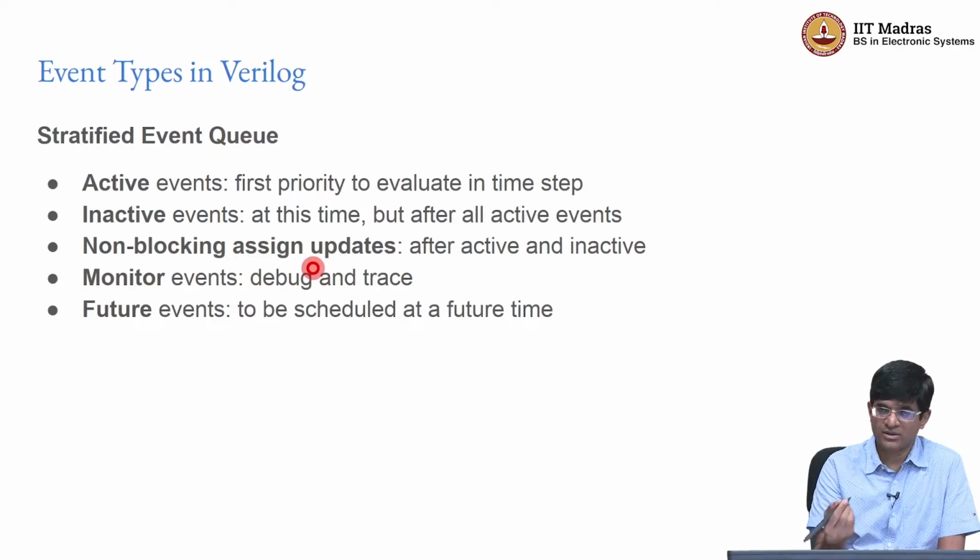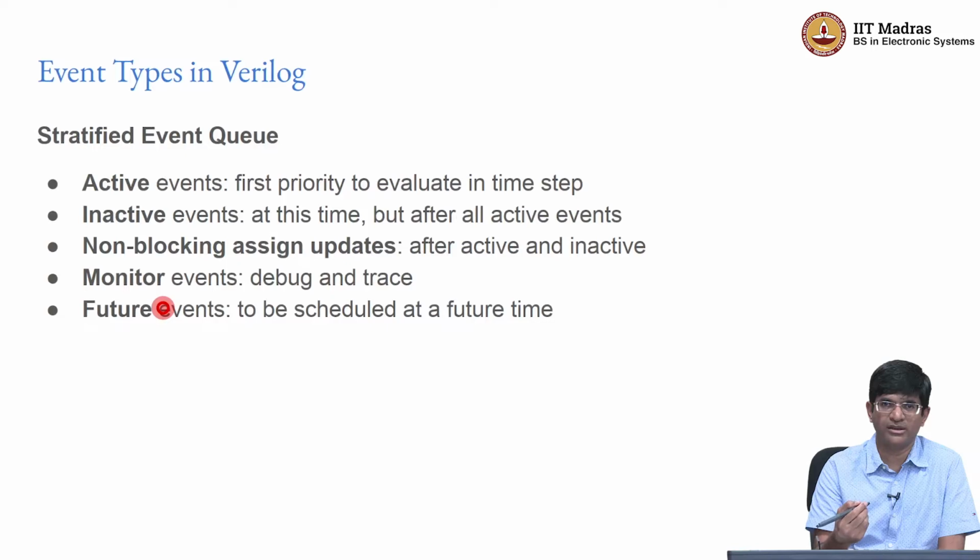Non-blocking assignments, of which so far we have basically not looked at at all. We will talk a little bit about them when we get to sequential logic, right? Non-blocking assignments, however, do also result in a certain type of event update, but Verilog explicitly handles these differently from the active events, right? And then of course we have already come across monitor events, where essentially anything that changes is also flagged as an event that needs to get processed.